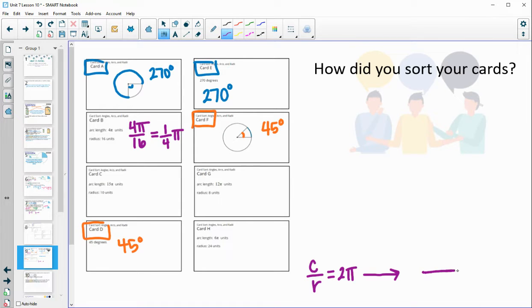So if I compare that to this 0.25 pi, I find out, if I simplify this, that 0.25 or a quarter goes into 2 eight times. So this is 1/8. And 1/8 of a circle, 1/8 of 360 is 45. So this one right here also has a 45 degree central angle, or it's 1/8 of the whole circle.